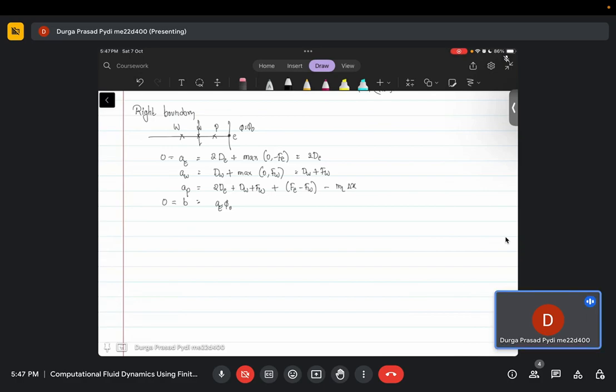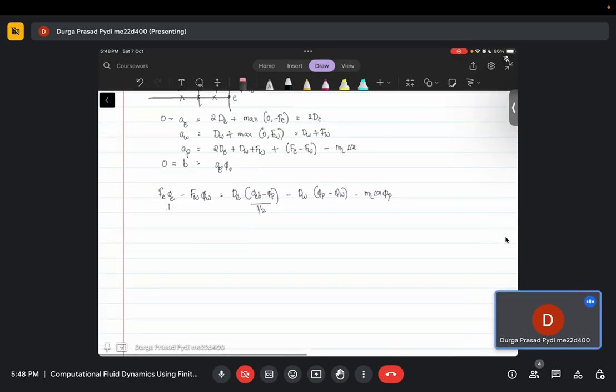So you can derive it in the normal way and just compare this. So we have Fe phi east, which comes out to be phi east boundary minus phi p by half, minus west phi p minus phi west. What we are doing is phi east we will replace with phi p, phi west we will replace with phi p.